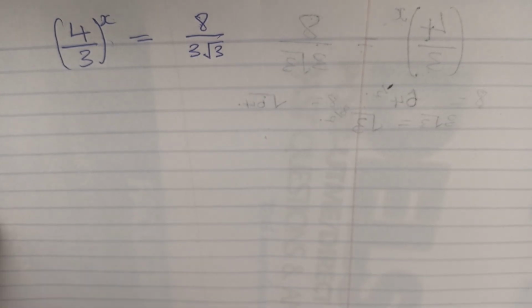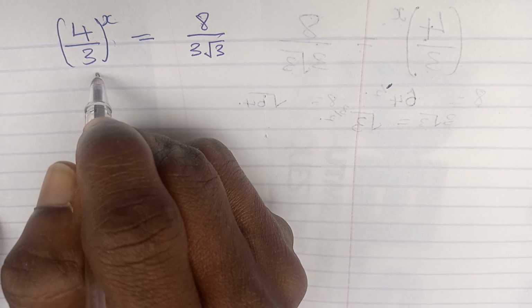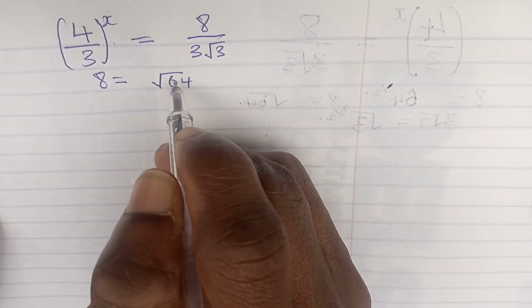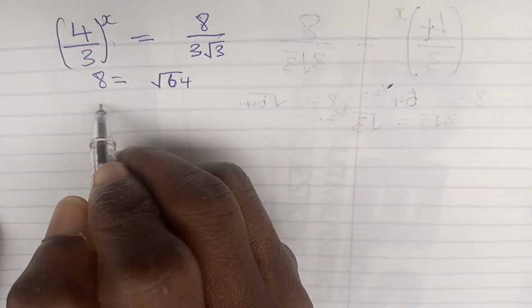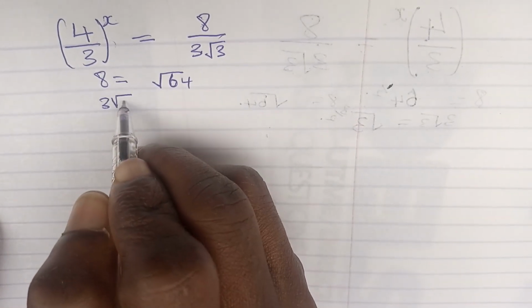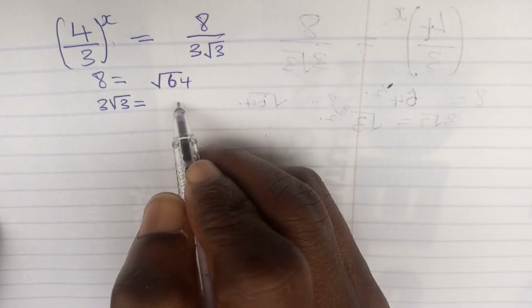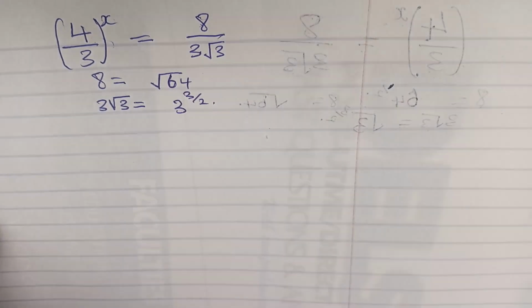Okay, we are going to apply a little mathematical logic. Recall your 8 is equal to what? The root of what? Of 64, right? Root of 64. And this 3 root 3 is also equal to 3 to the power of 3 over 2.